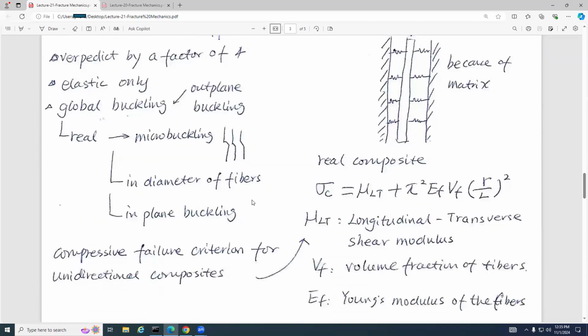Questions so far? This equation, I will not ask you to use it, but if there is a need, you can come back and use the equation.